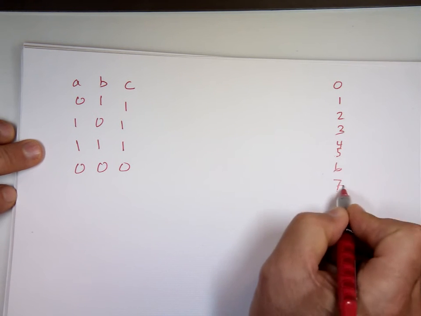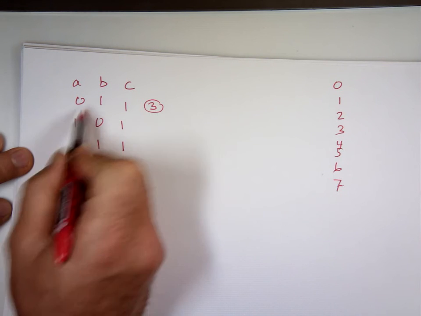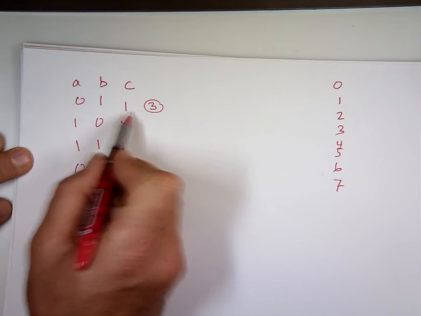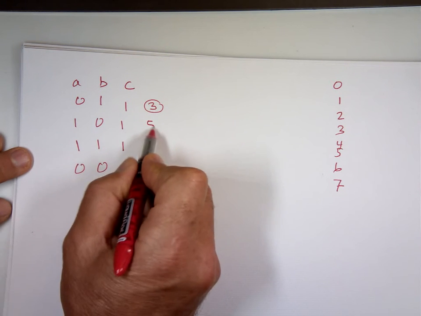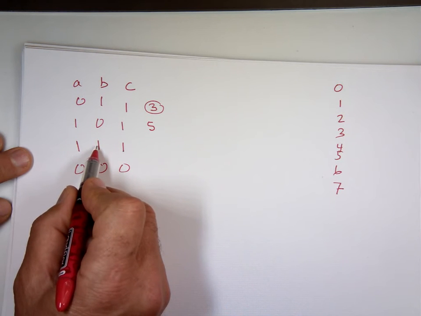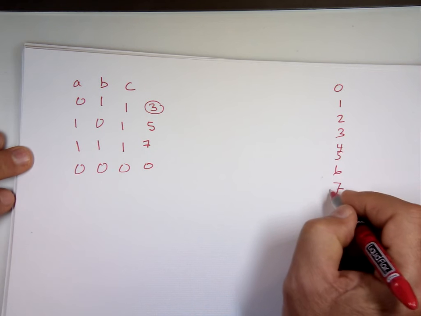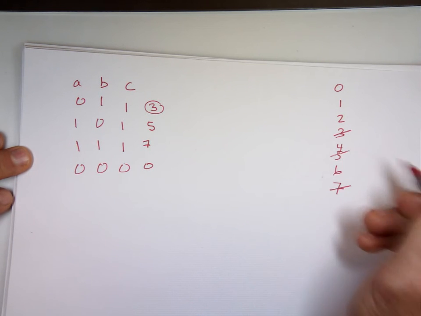This one covers which one? 0, 1, 1, that's 3. 1, 0, 1 is 1 and 4, which is 5. 1, 1, 1 is 1, 2, and 4, that's the 7. This is the 0. So I cover this, I cover the 5, and I need the 1.